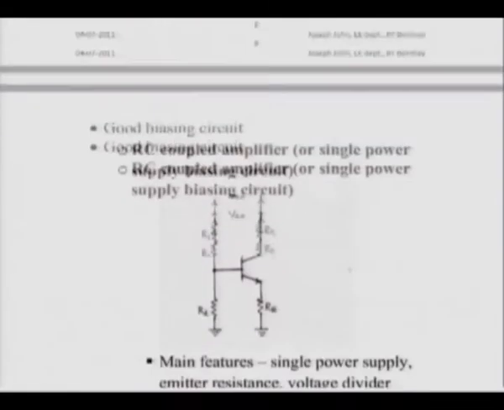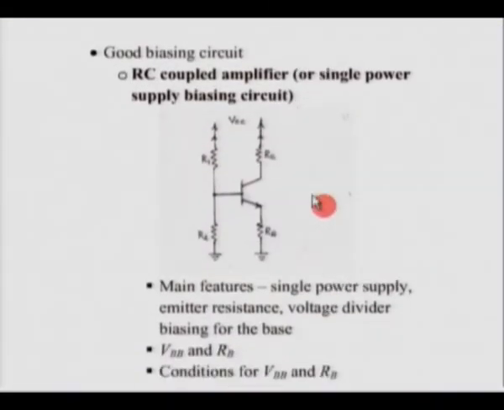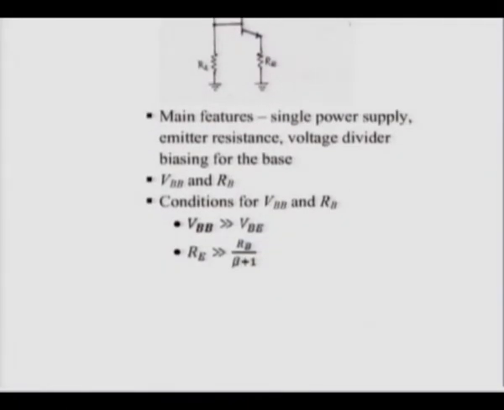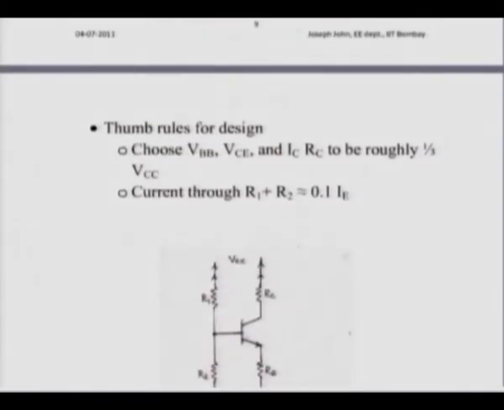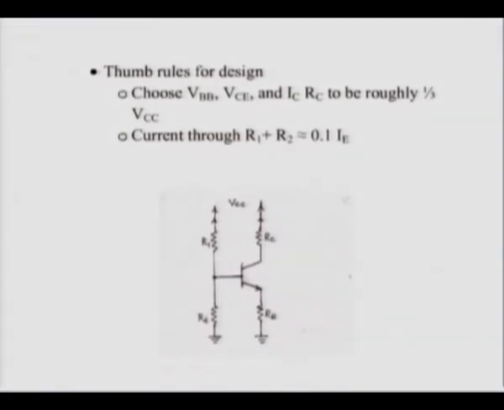And we said that the most commonly used circuit is the one with 2 resistors at the base and a resistor at the emitter, and this is a circuit which we are going to use tomorrow. The thumb rules are that you would choose a VBB value for the base, and VC and IC RC to be roughly 1/3 VCC.